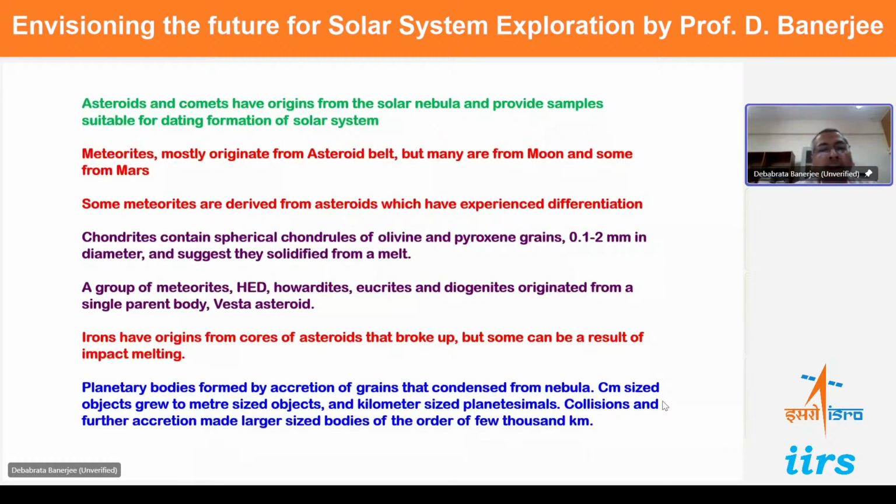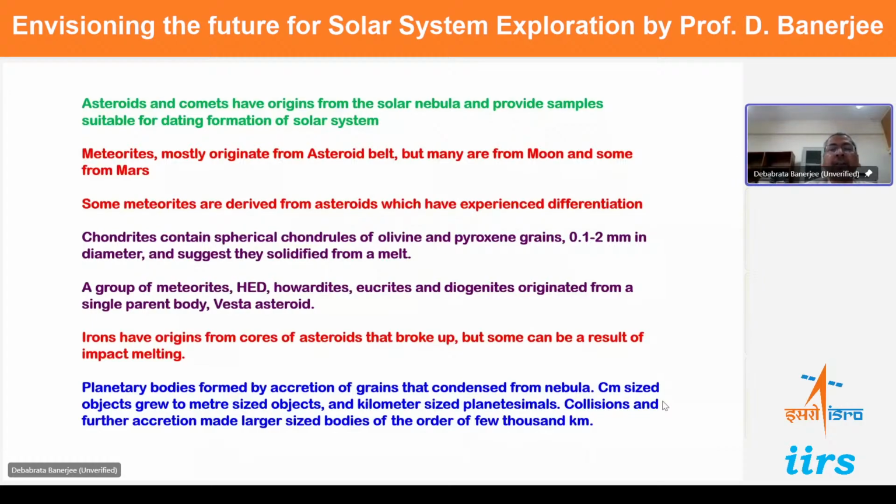Then a group of meteorites, as I've told you, is linked to a parent body, but we would like to establish these meteorite-asteroid links, okay? And that can only be done if there are additional missions from various space agencies, including our own ISRO, to these asteroids, wherein they collect the spectra and may perhaps collect samples from the asteroid and match the spectra with that of the meteorite spectra, and also the elemental composition as well.